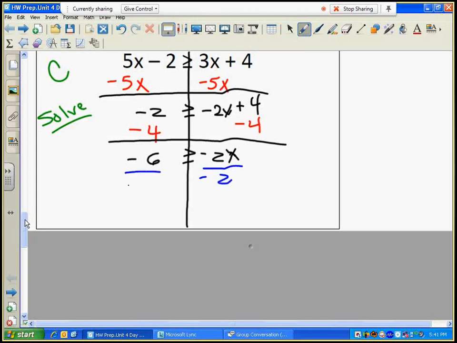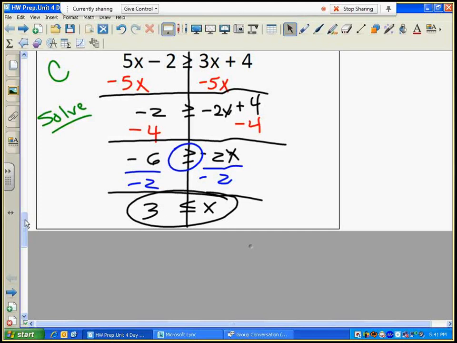Now, when that happens, I want an alarm to go off in your head, and I want you to realize, hey, I'm dividing by a negative. That means I should have to flip my inequality. Now, notice, when we do that, and we flip it, we're going to end up with the same exact answer that we got in the problem above. So you can see by flipping that inequality, when you multiply or divide by a negative, it helps maintain the truthfulness of the original inequality.